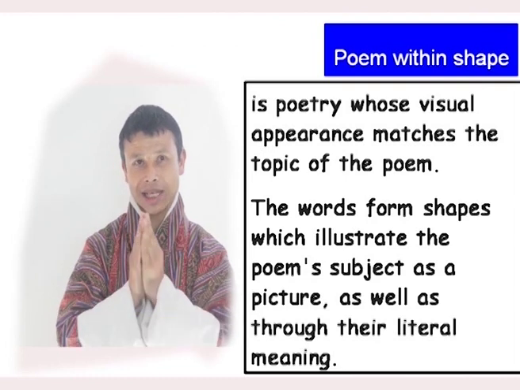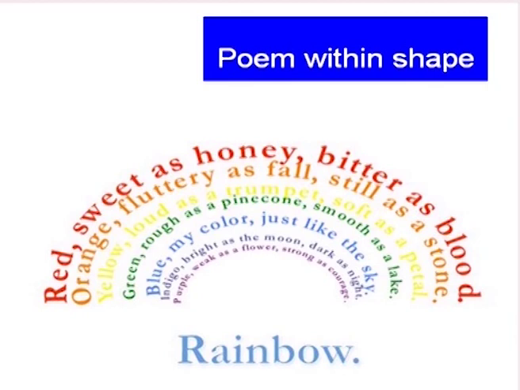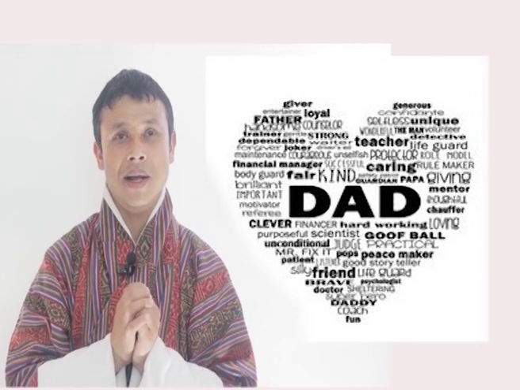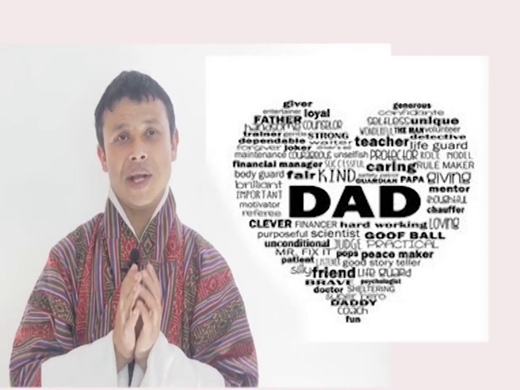Let us look at the example of poem within shape. Look at rainbow. All the colors are shown in the poem and it is exactly in the shape of the rainbow. Another example is this one. This is poem within shape.